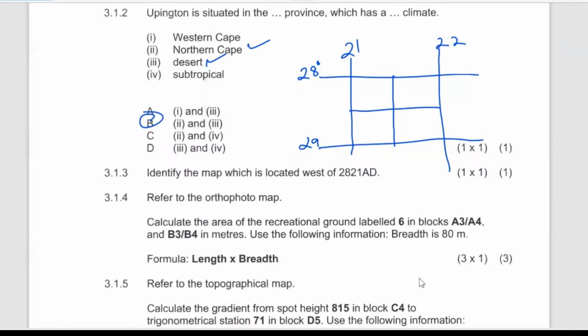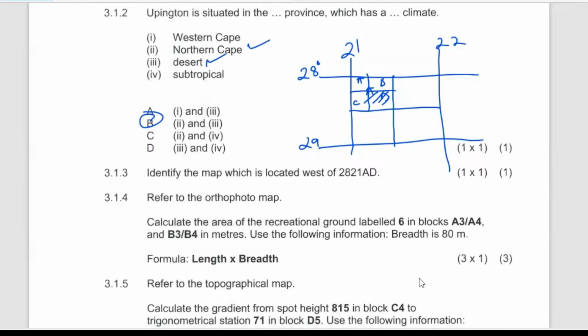This is our bigger block A, and in this bigger block A we have small subdivisions, which are AA, AB, AC, and AD. So we want a map which is to the west of 2821 AD. Our AD is this one here.